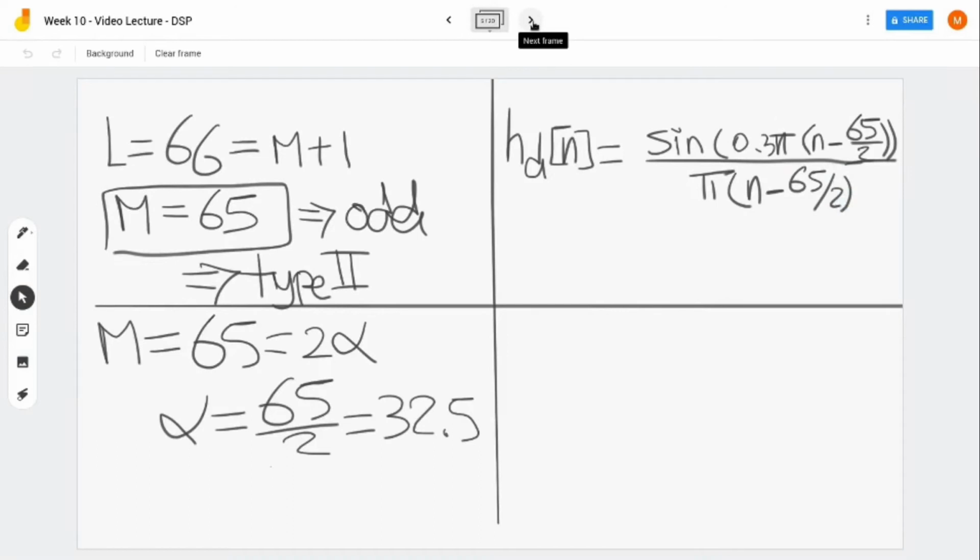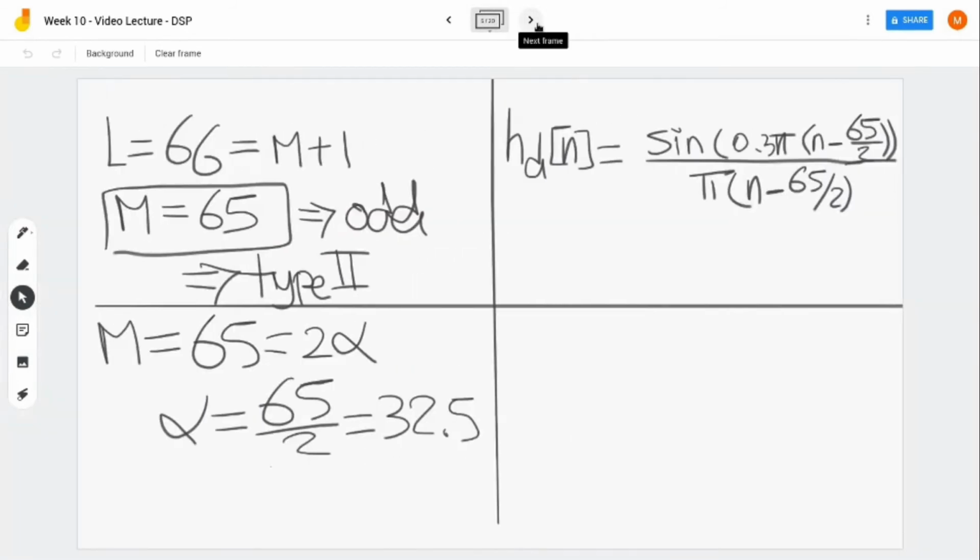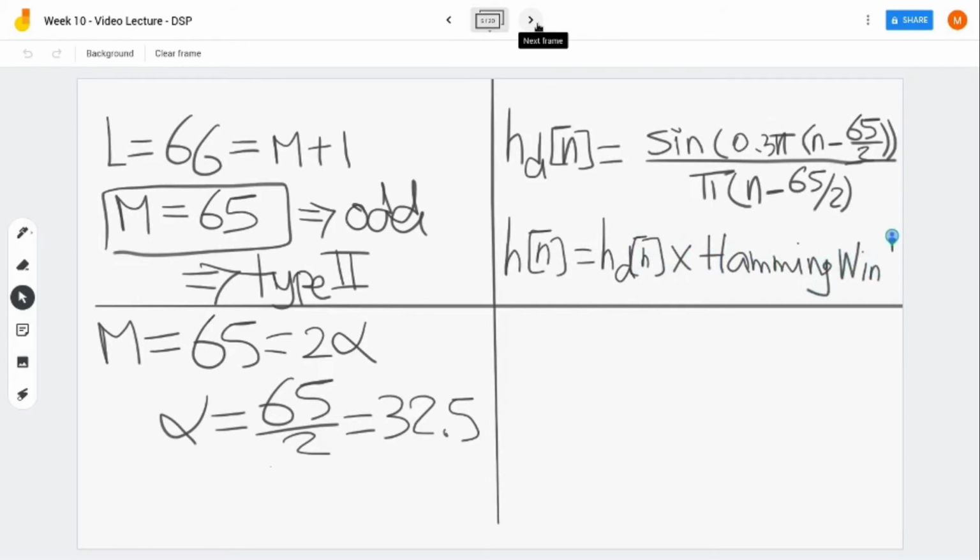But of course, since we are using a Hamming window, as we have seen, the actual frequency response will be equal to the ideal frequency response multiplied by a Hamming window. And this will be the problem we have.